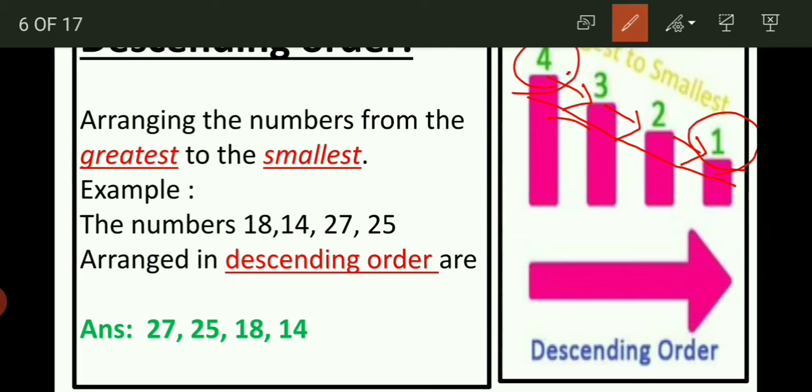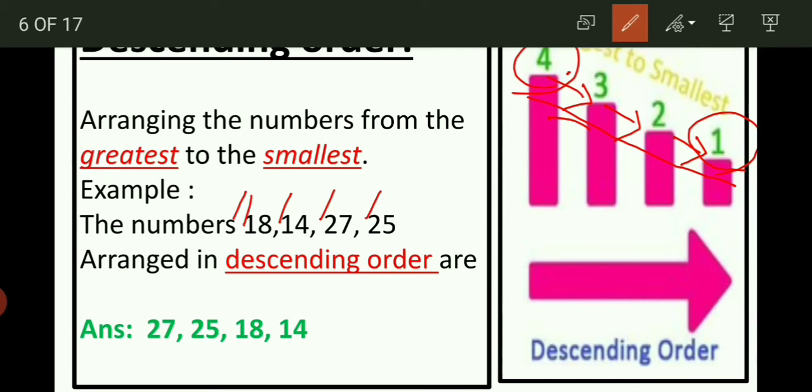In the same way, I have taken another example over here. Here we will search for the greatest number first. So now, how do we get the greatest number? First we have to check the values in the tens place. Here it is 1, here again 1, here 2, and here 2.